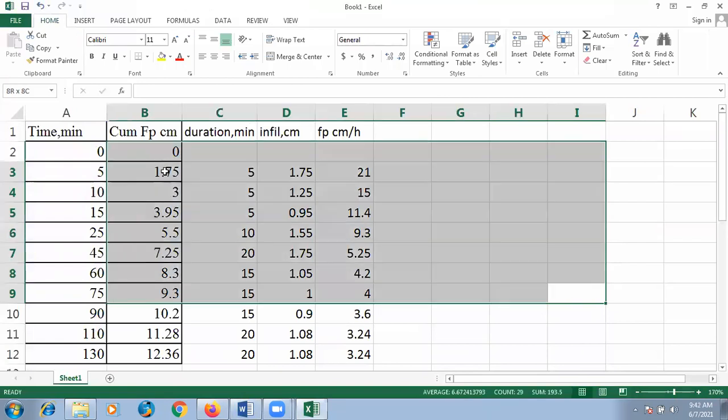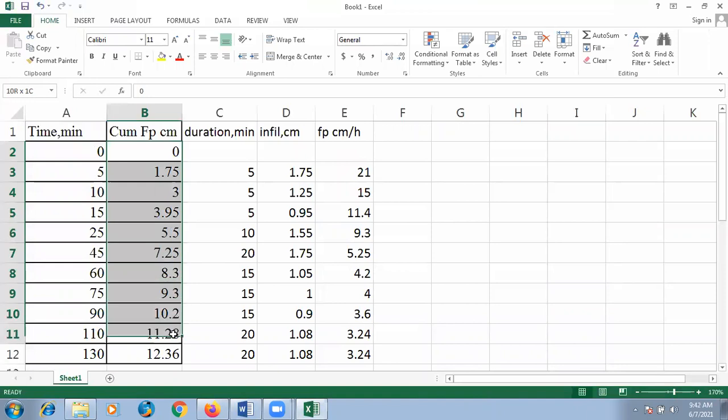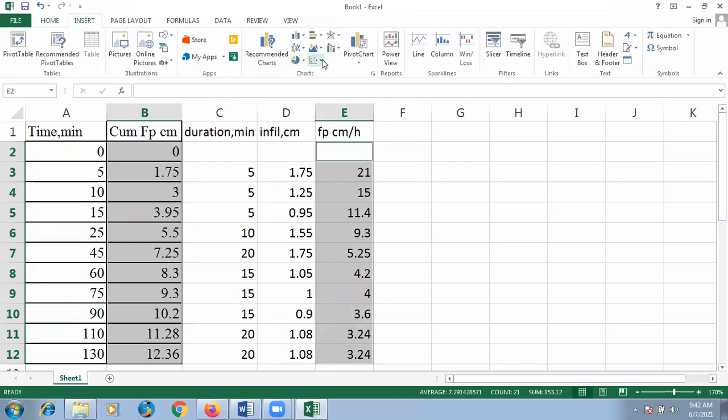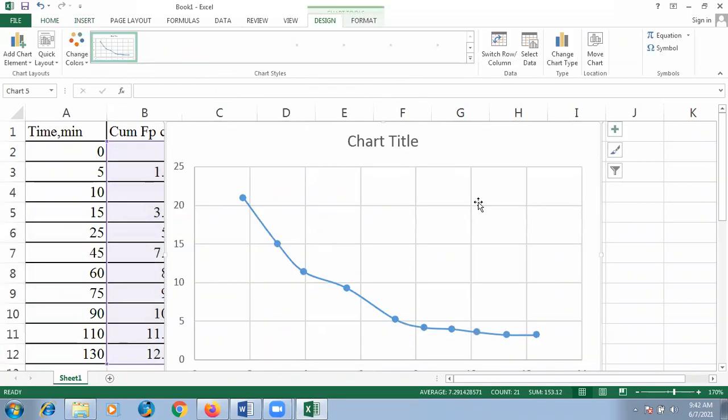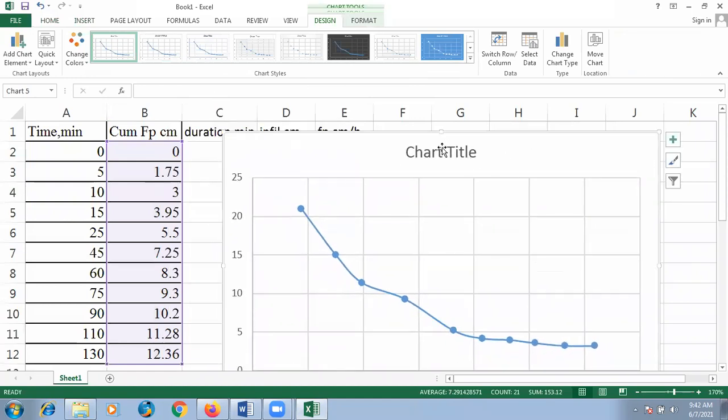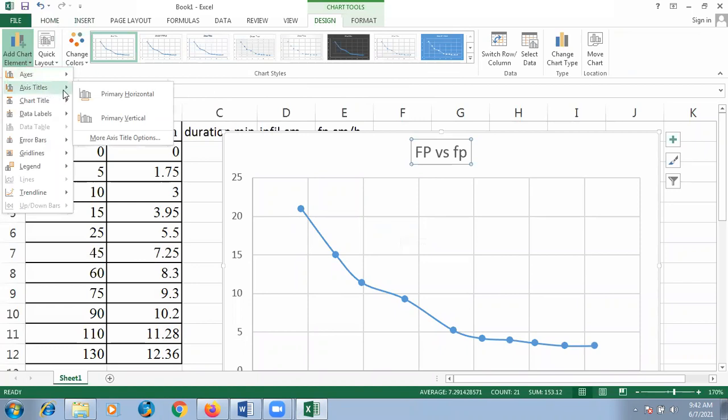Now I select FP and then this infiltration capacity. So both I would select, then insert. So this represents a graph of FP versus lowercase fp.